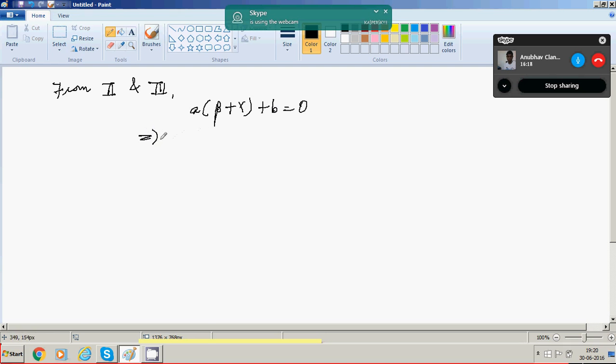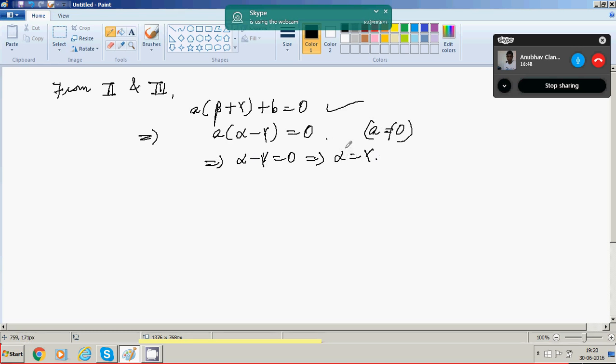So by the equation just proved and this one, by subtraction we get a times alpha minus gamma equal to 0. We are already given that a is not equal to 0. Then what does this mean? It implies alpha minus gamma equal to 0, which implies alpha equal to gamma. We are contradicting ourselves.